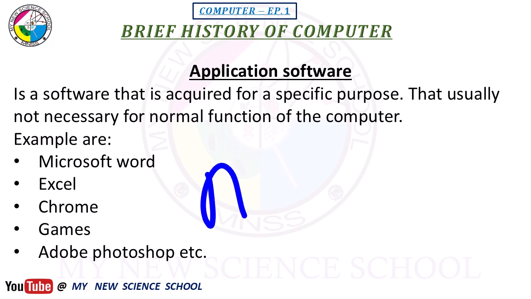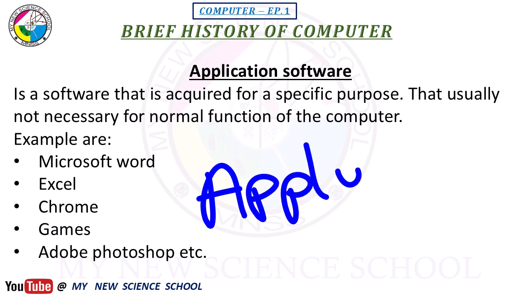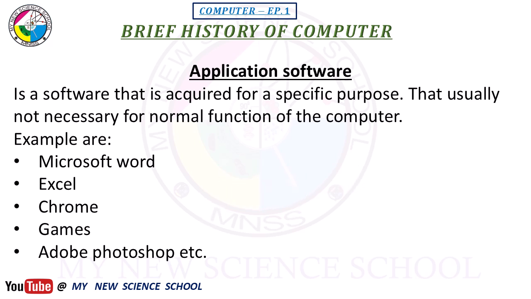The word application is from apply, which means to put on. For example, I can ask you to apply medicine, that means to put medicine on something. So if you apply a software to a computer, that particular software is called application software.